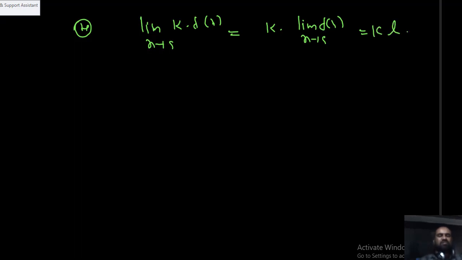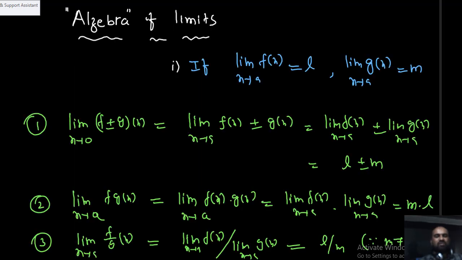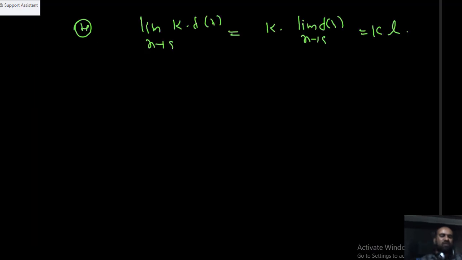Okay students, these are some algebra of limits. While solving problems you can use all these types of algebraic limits. Students, our target is finding the limiting value of a function: the limit of f of x where x is tending to a equals question mark. How to find it? We need to find the LHL first.